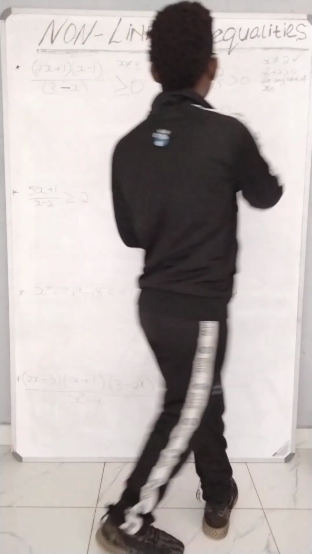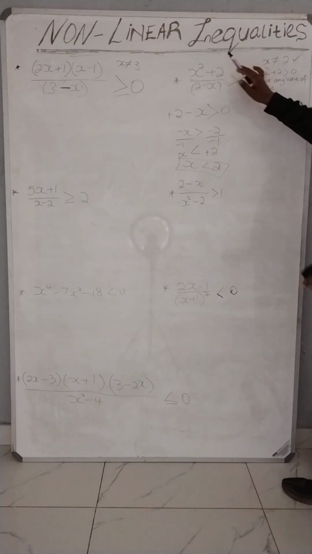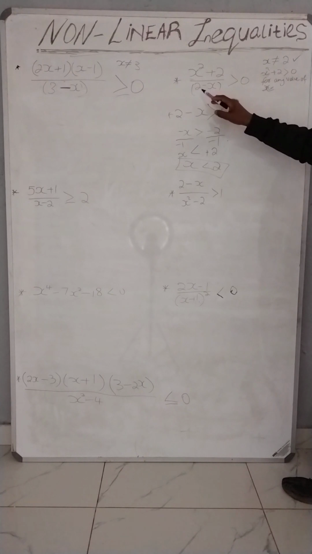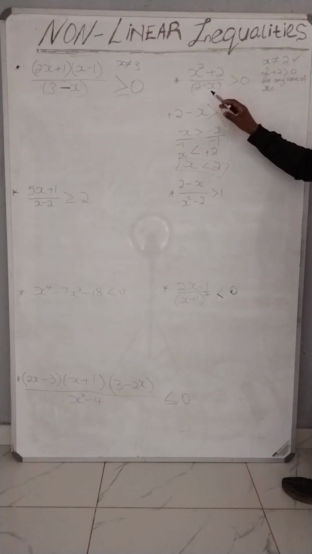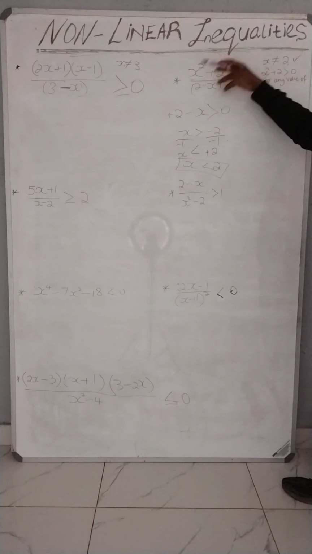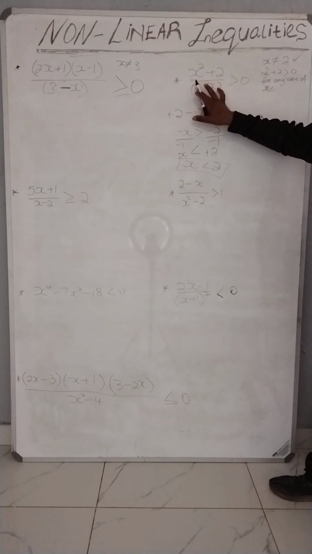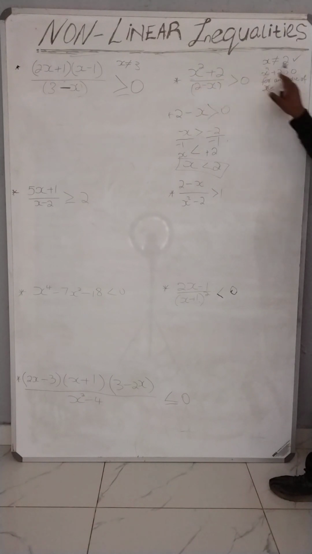In this one we learned that if this is positive, then we do not have to worry ourselves with it. We look at the one below and we know that x cannot be equal to 0 for the obvious reason that this expression will be undefined. And then we concern ourselves with this because this must be positive, because positive divided by positive is greater than 0.